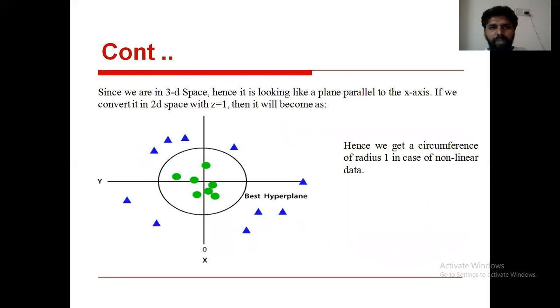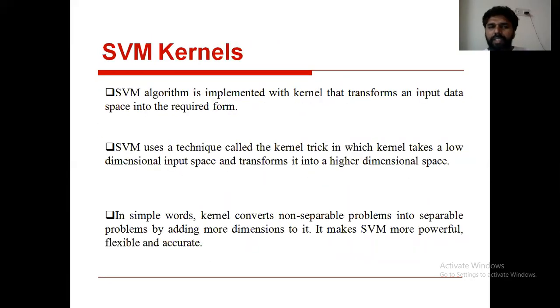Right. Coming to the next concept, that is SVM kernels. SVM kernels play a vital role while working with support vector machines. Here, the support vector machine algorithm is implemented with a kernel, right? That transforms an input data space into the required form.